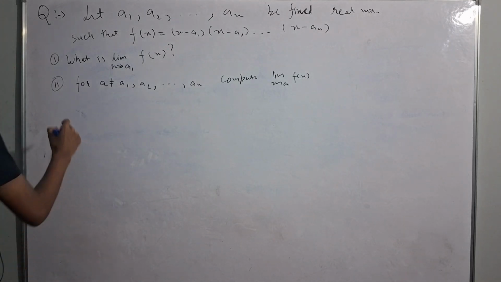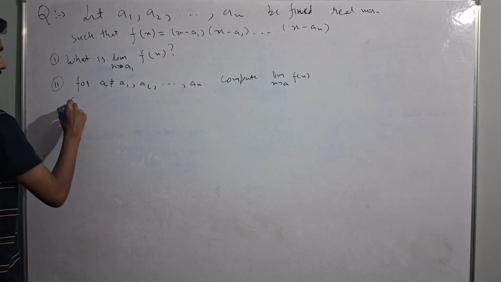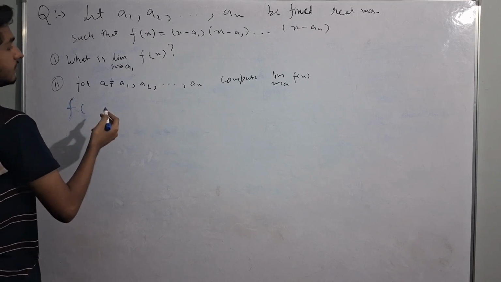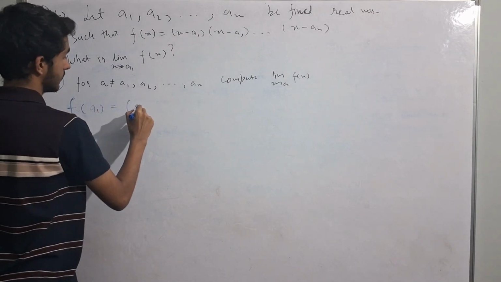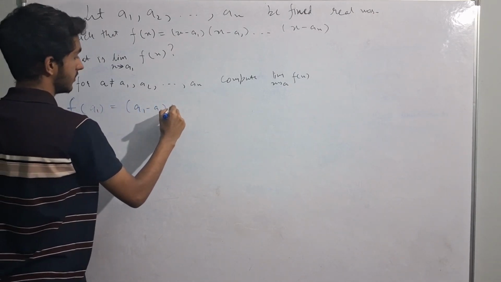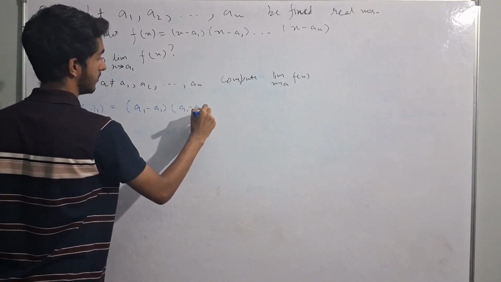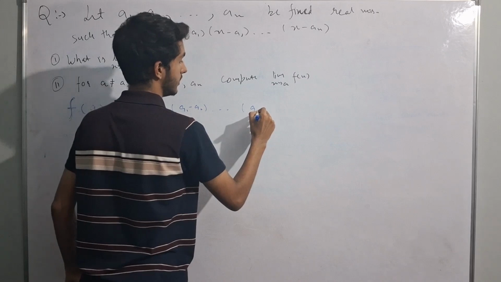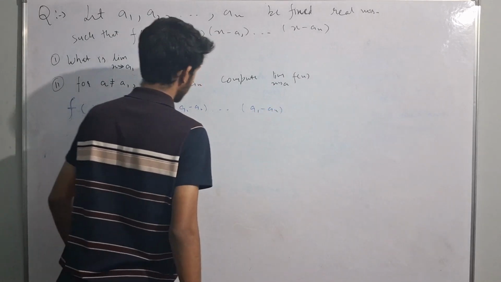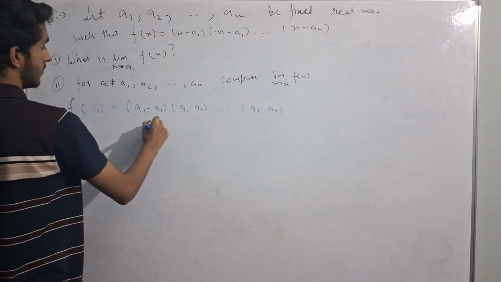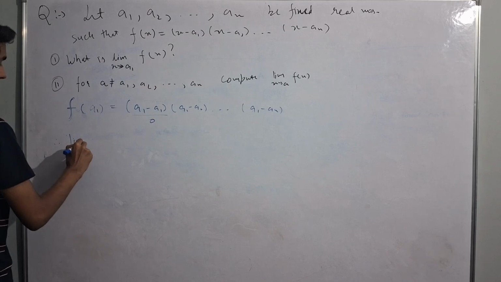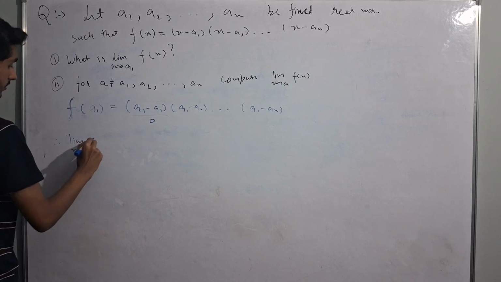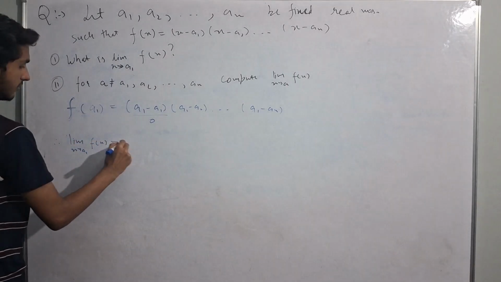So f(a1) is a1 minus a1 into a1 minus a2, so on up to a1 minus an. If this becomes 0, everything becomes 0. Therefore limit x tends to a1 of f(x) is equal to 0.